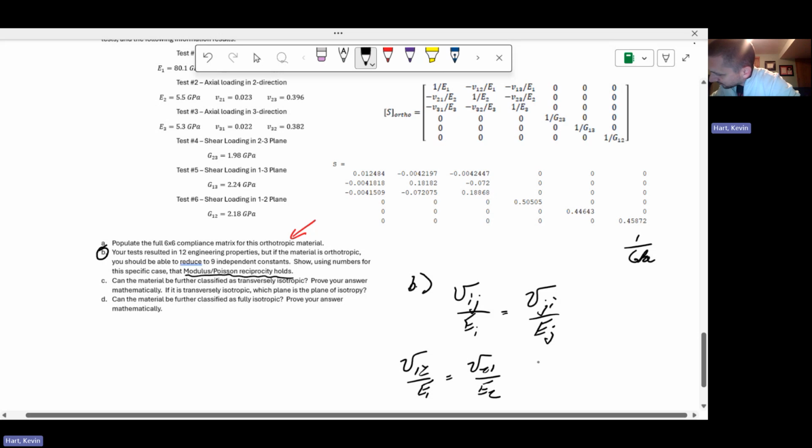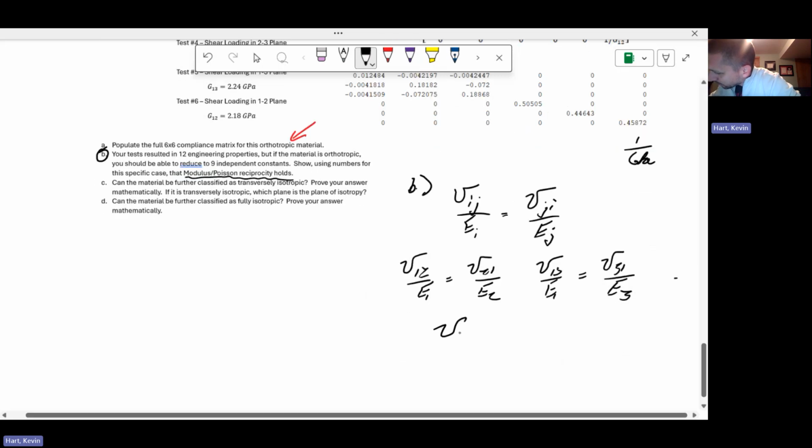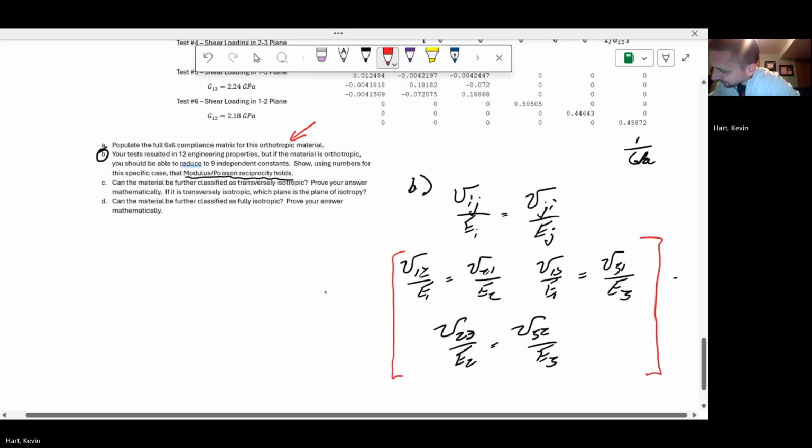That's one form of this. Nu 1,3 over E1 is nu 3,1 over E3. And lastly, nu 2,3 over E2 is nu 3,2 over E3. All of these things must hold if the material is isotropic or orthotropic.